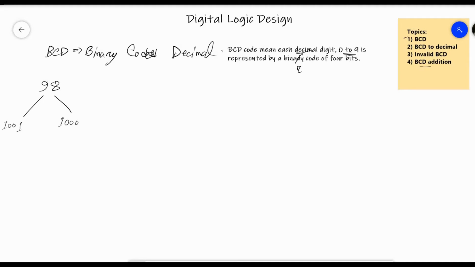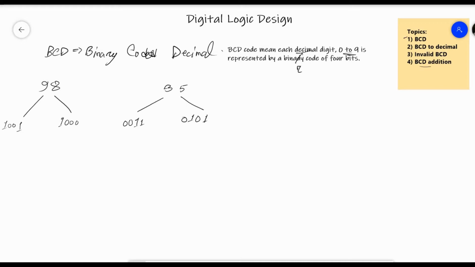If we take a shorter one, for example 35, we can represent 3 using 11, but as we need a 4 bit representation, we include 2 zeros before that, and for 5 we take 101 and include a 0 before it to make it 4 bits.